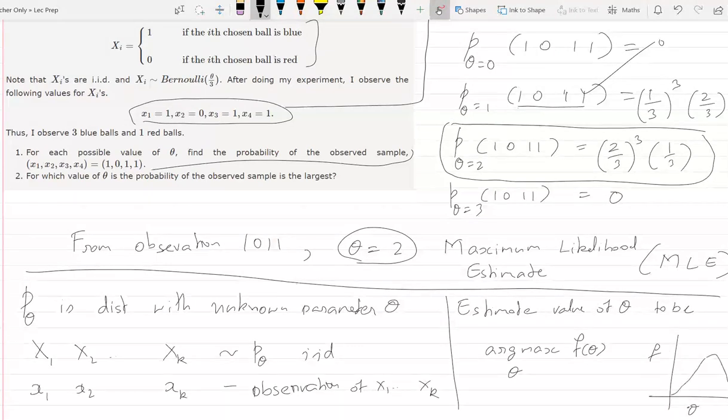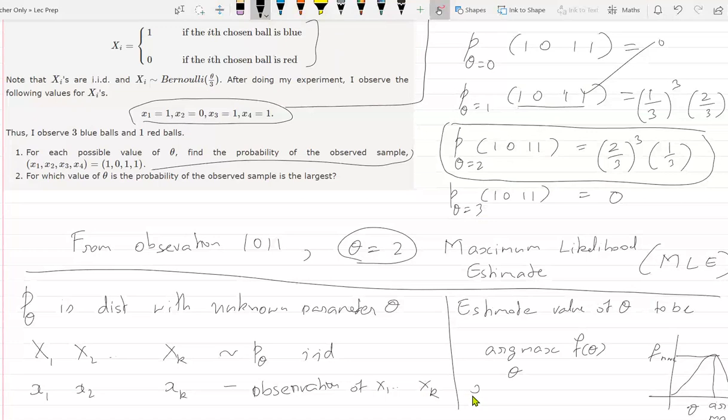Suppose f looks like this. The max over theta of f is basically this value. And the value of theta for which that maximum is obtained is called argmax.